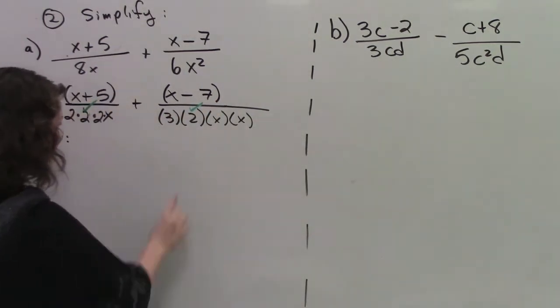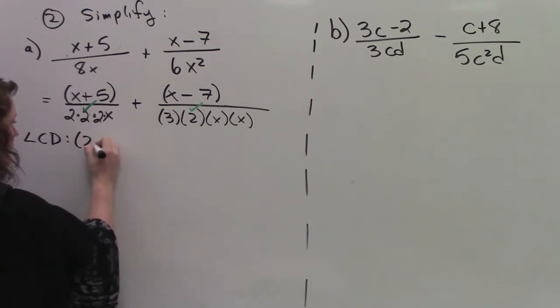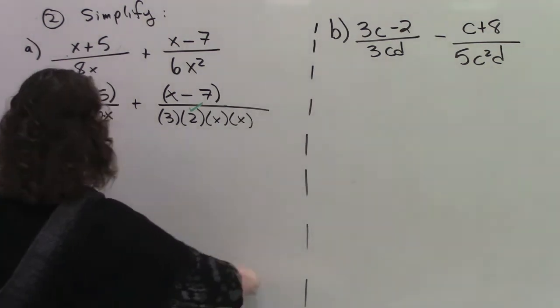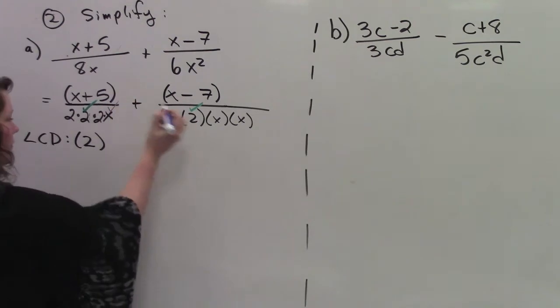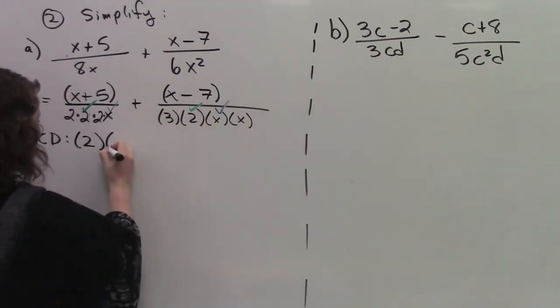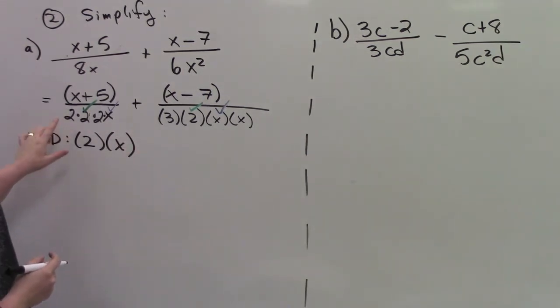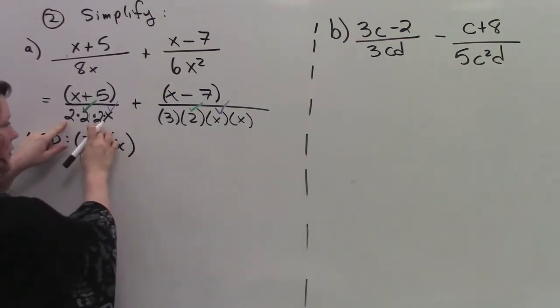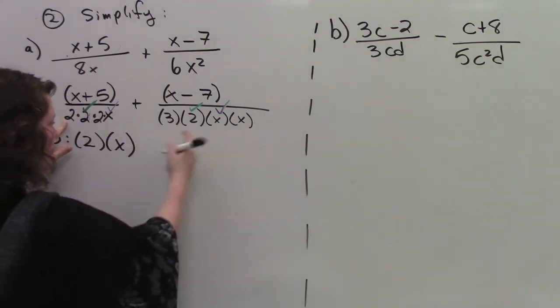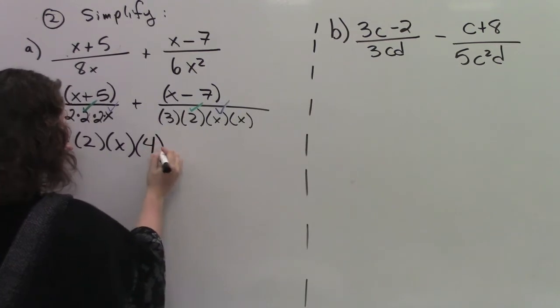So to figure out our lowest common denominator, I got my 2, and that is mirrored in here, so I'm going to write 2 here. I have 1x. Is there anything else that is held in common? We have a 2 and a 2 on this side. Nope, that's not on here, so I'm just going to multiply that by 4.